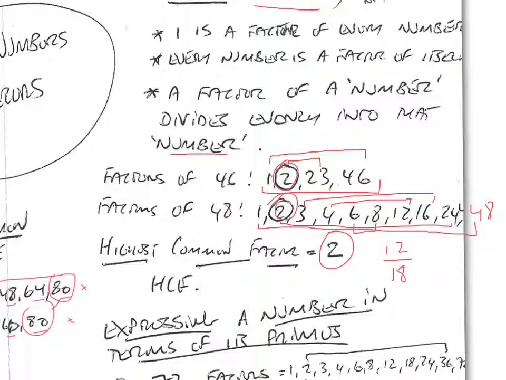If you list the factors of 12 and the factors of 18, you'd find that the highest common factor is 6. Dividing above and below by 6, we get 2 over 3, which is an equivalent fraction to 12 over 18, reduced to its simplest form. We shall meet with this notion in the next chapter.